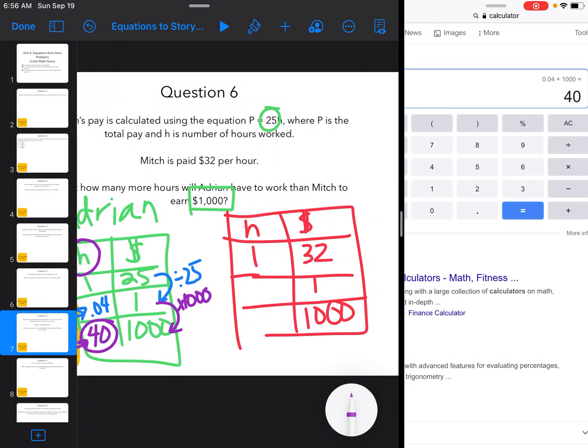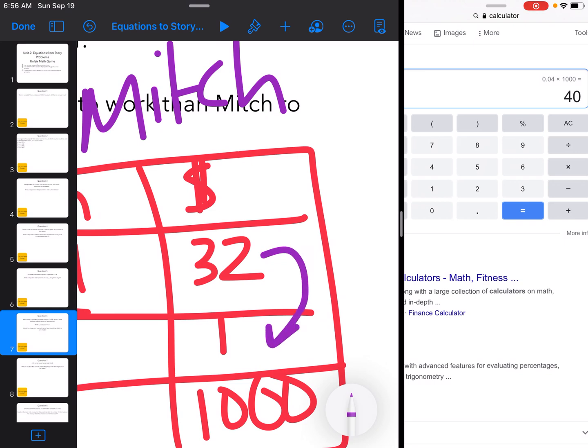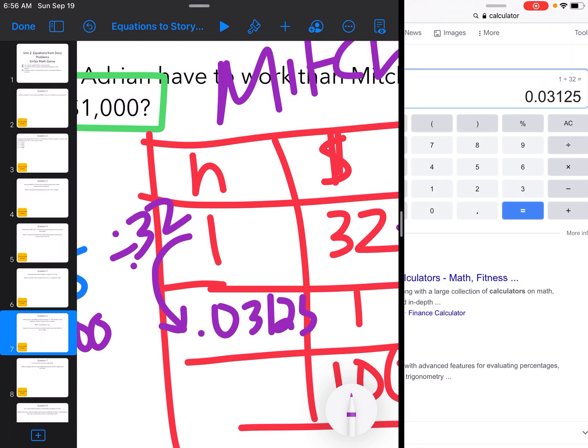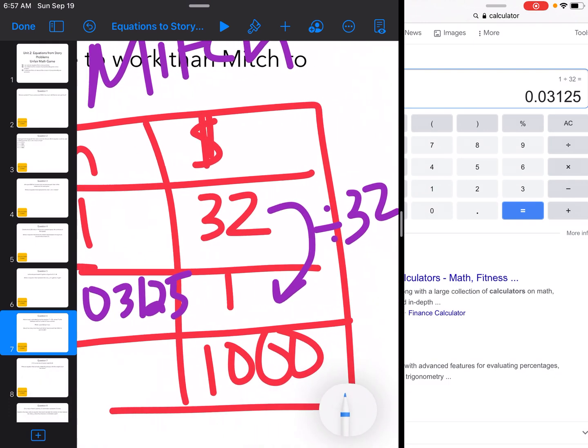So now I have to figure out the same thing for Mitch. I should probably put his name at the top. So I divide this side by 32. So 1 divided by 32, I get 0.03125. I'm not going to round in this case because it's not one of those crazy numbers that goes on forever. So I'm just going to stop where I'm at, where it is in the calculator. All right. And then I have to figure out what it's going to be for 1,000.